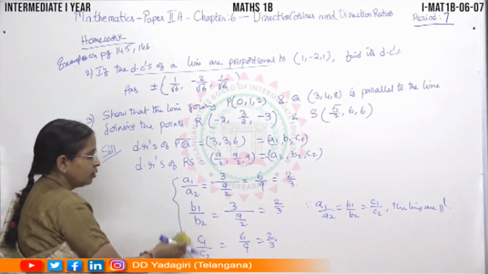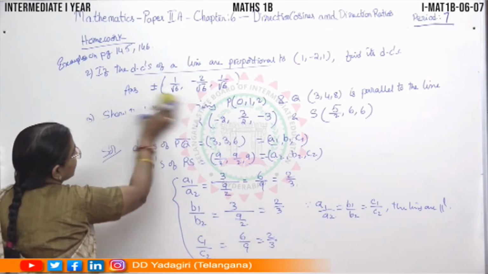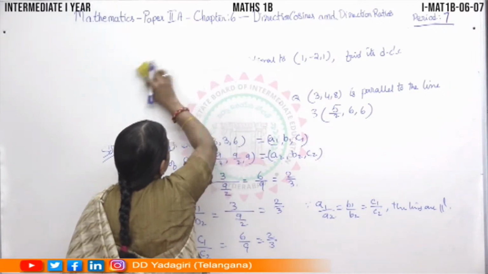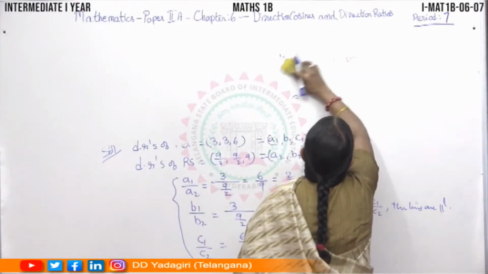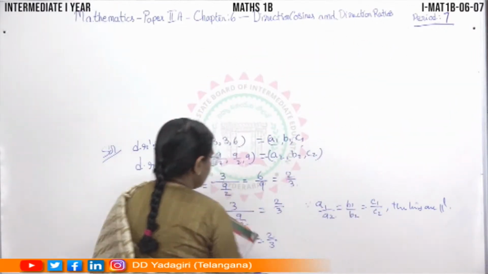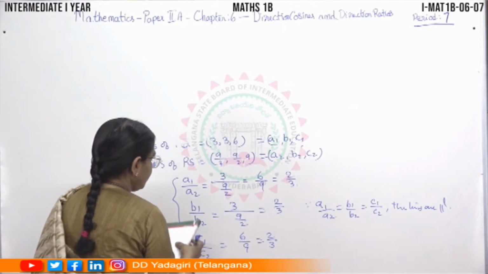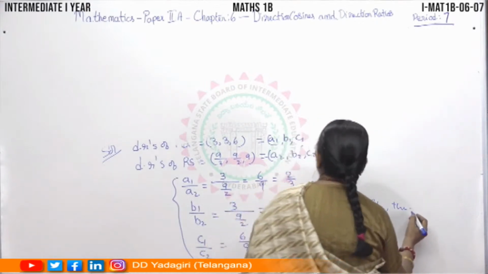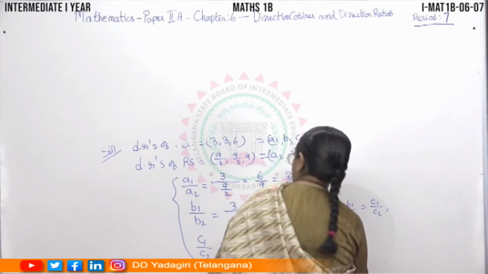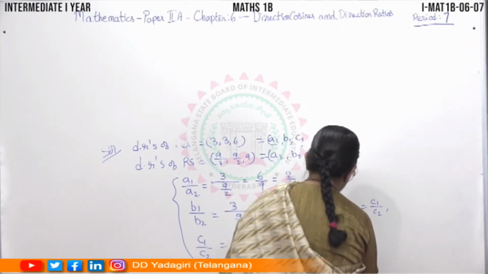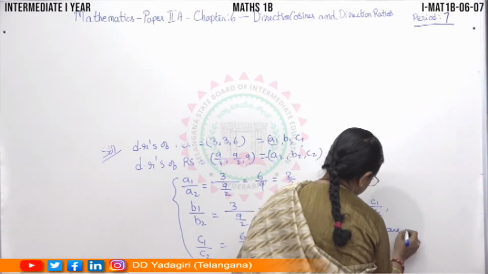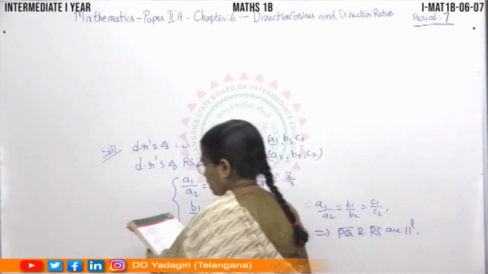So you can do by this method. Show that A1 by A2 is equal to B1 by B2 is equal to C1 by C2. Then they are parallel. It implies PQ and RS are parallel. So like this we will conclude.